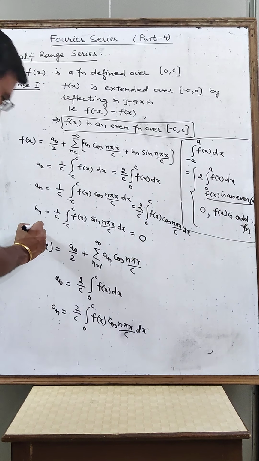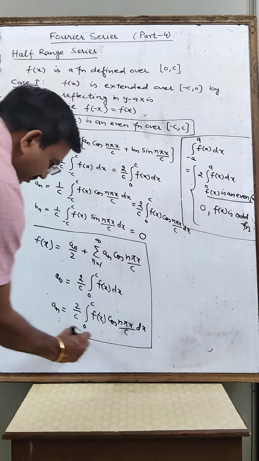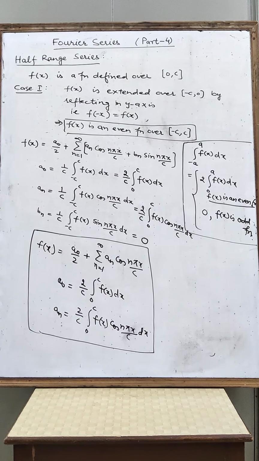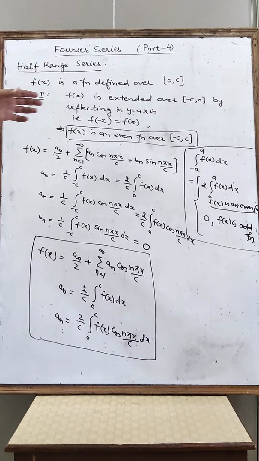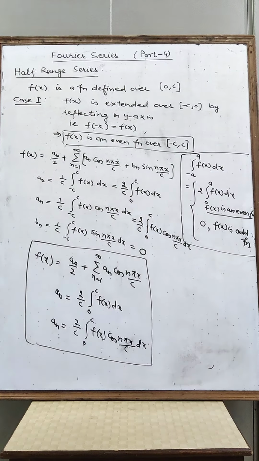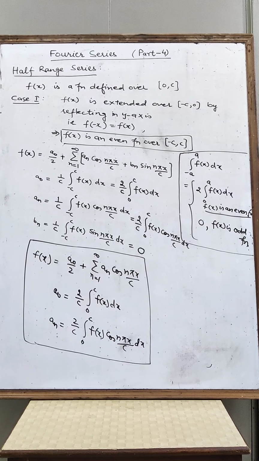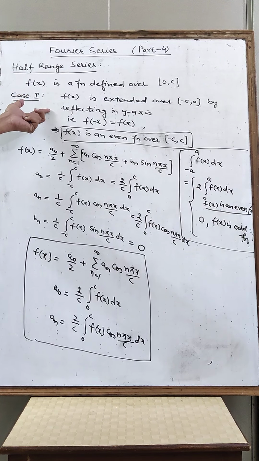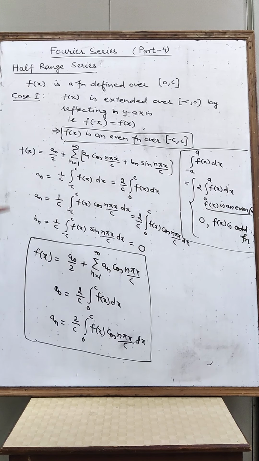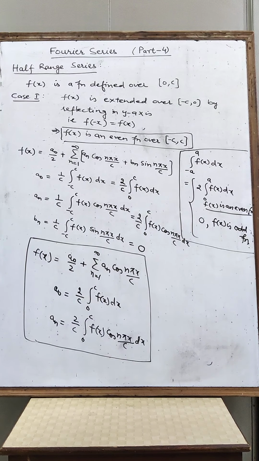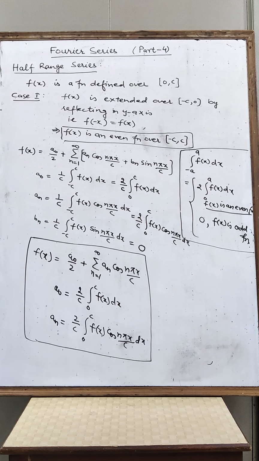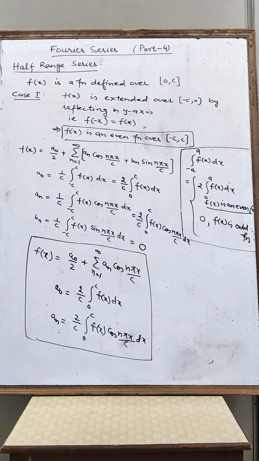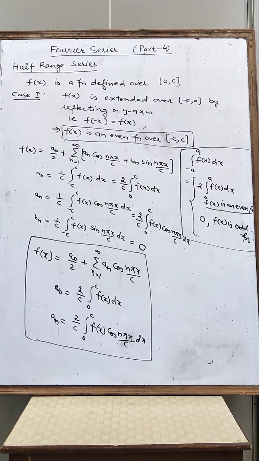So students, keep in mind that if you have to find a cosine series when a function is defined over the interval 0 to c, then we will extend our function as an even function, and we will use the result that f(x) is equal to a_0 by 2 plus summation from n is equal to 1 to infinity a_n cos(n pi x over c).